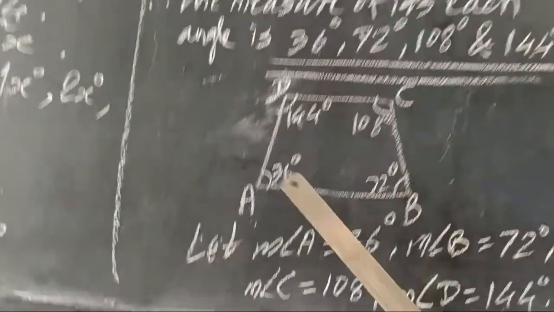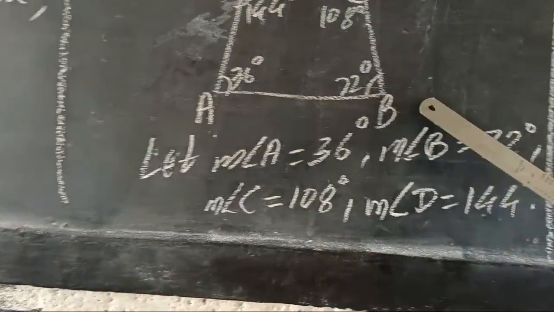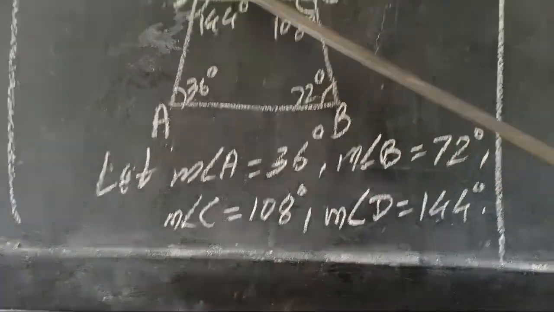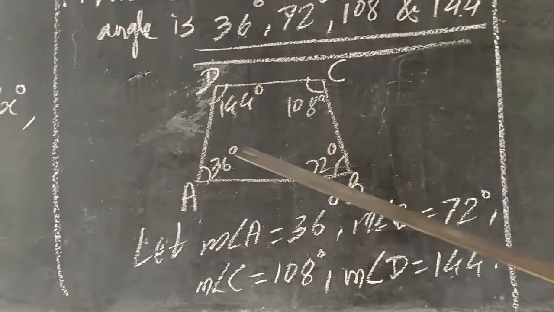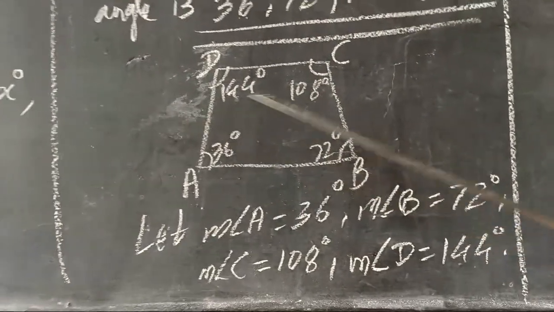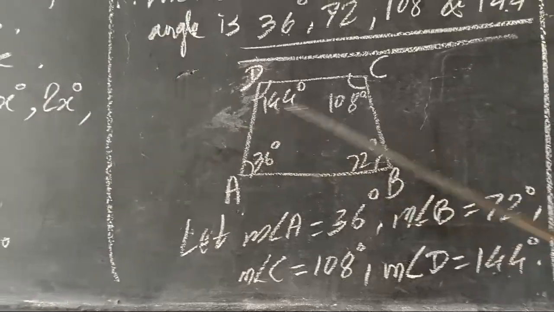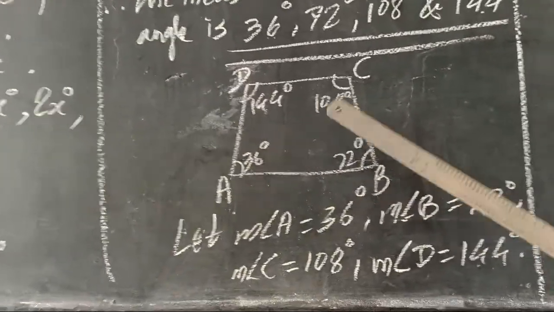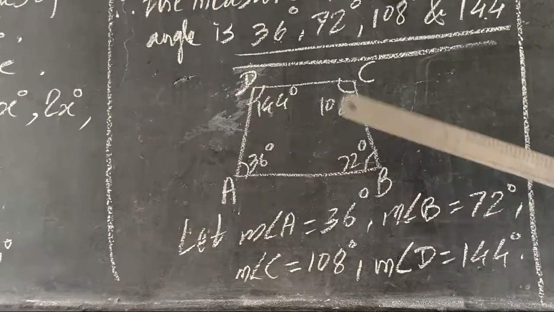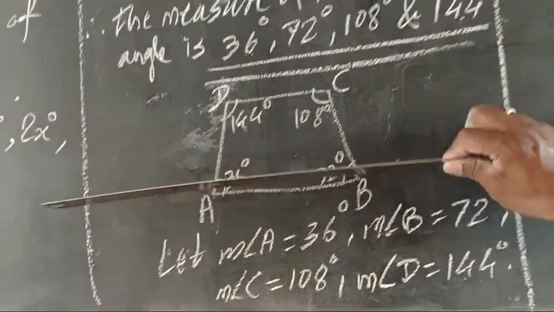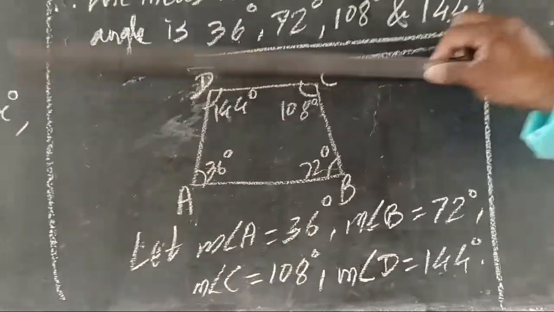Similarly, consider AB, otherwise DC, as the transversal. Are these two lines parallel? Their transversal is AB, otherwise DC.